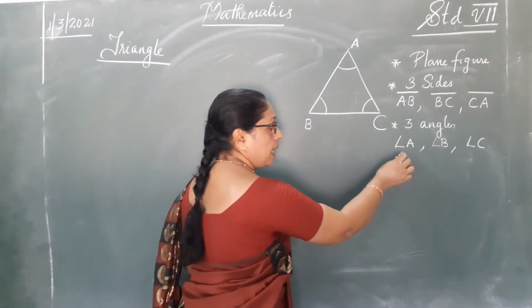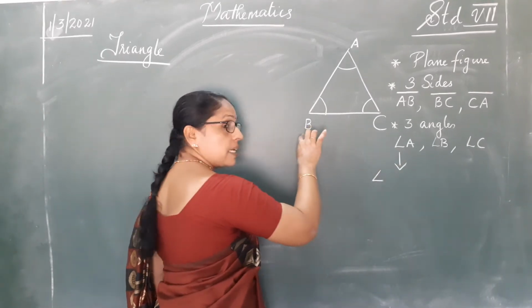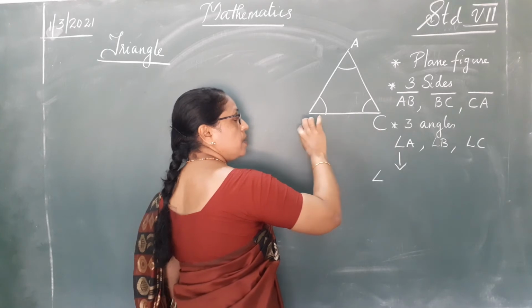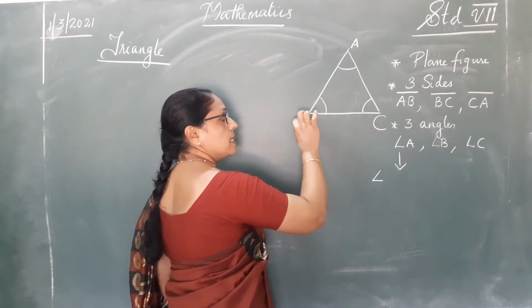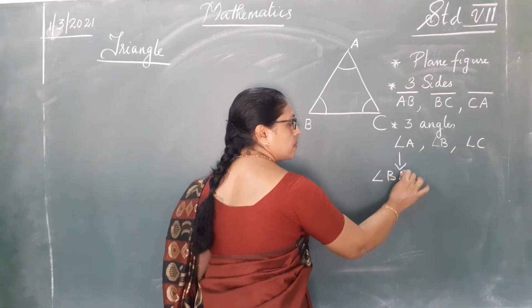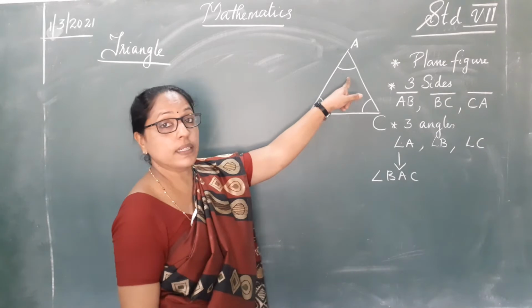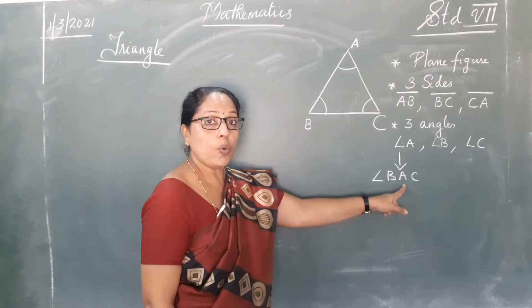So angle A can be named as angle. We can start from here or from here. When you start from here, it will be named as angle BAC. That is why this is known as angle A. The angle is marked at A. A is known as the vertex.